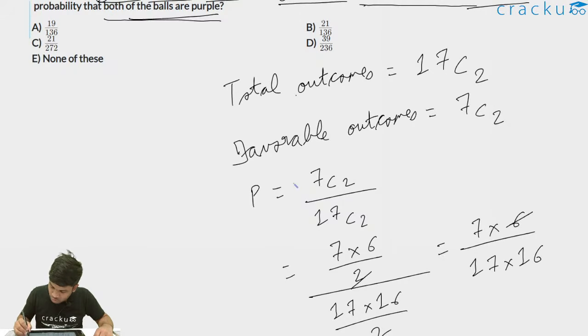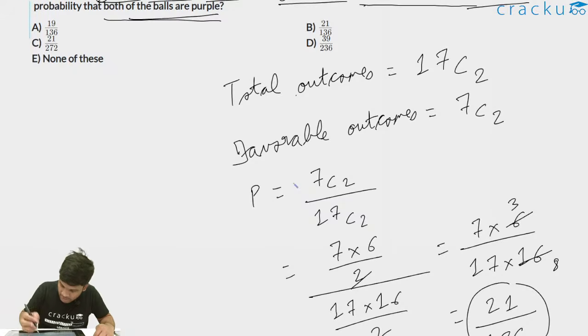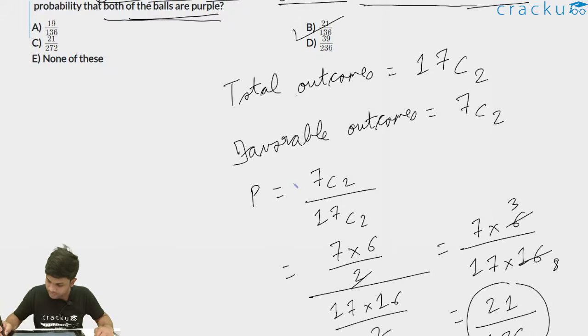This 2 will cancel out by 2. So it will give us 21, and 8 times 17 is 136. So 21 by 136 is the probability such that we are taking out two balls at once and both the balls are purple. So our answer is option number B, which is 21 by 136.